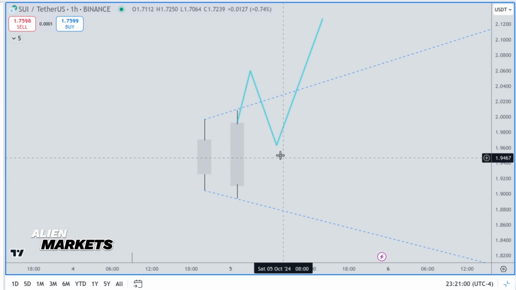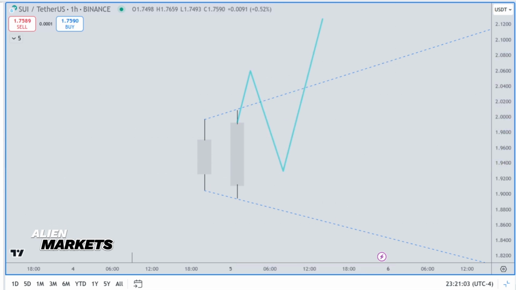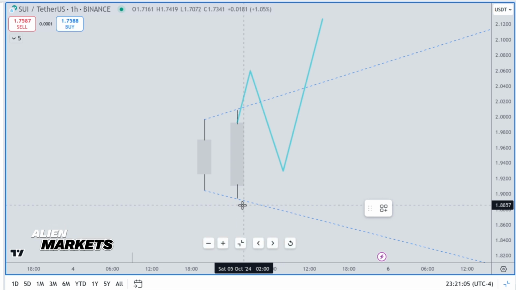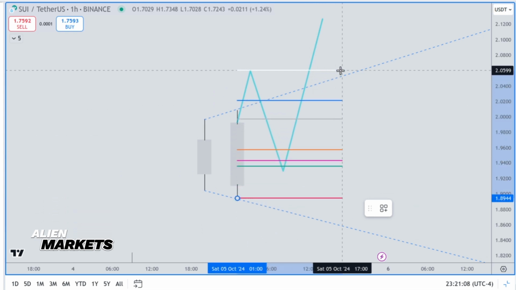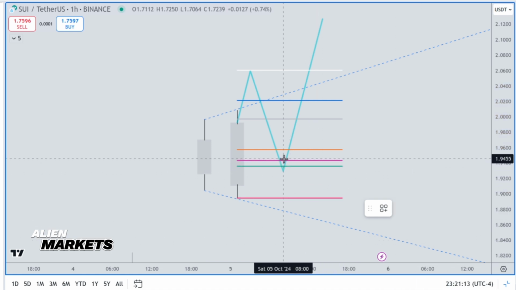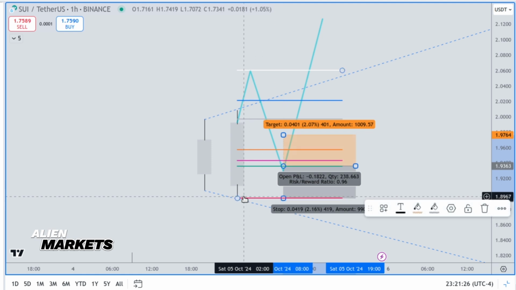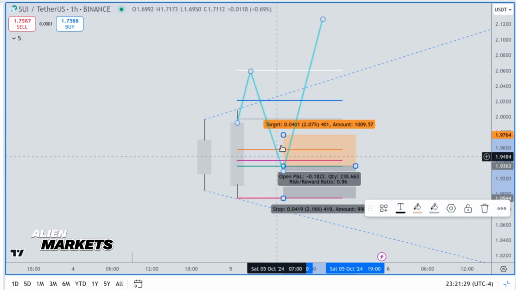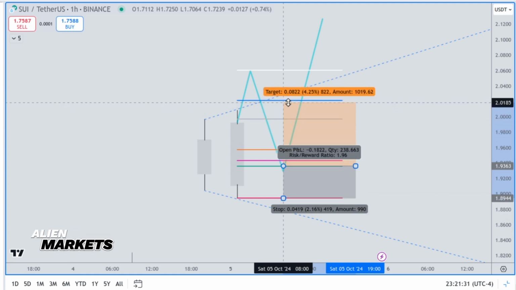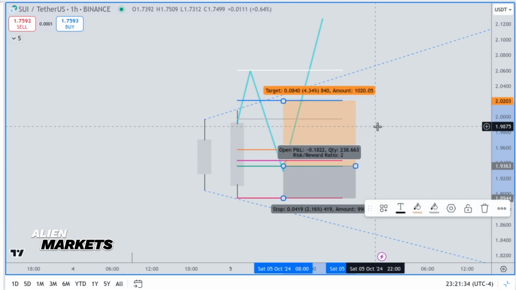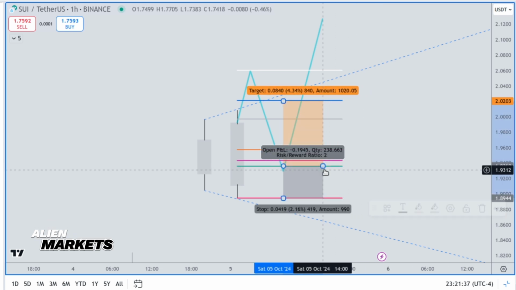And this is where we take my model, where you place your entry here or here. This is 70.5% and this is 75% retracement. You put your stop loss on this low, the outside bar low, and you target this. This is 2R, right? This is my model.